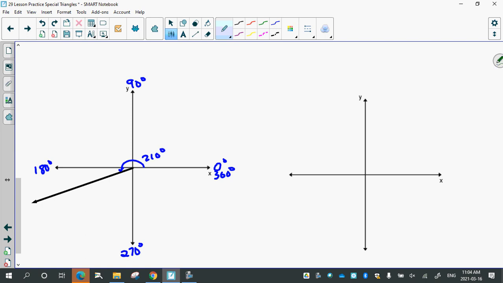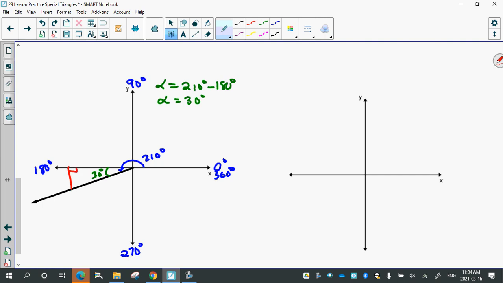And then we need to know what alpha is, so we know what type of triangle we're dealing with. So alpha is going to be 210 minus 180, which is 30 degrees. So I know it's a 30-degree special triangle.